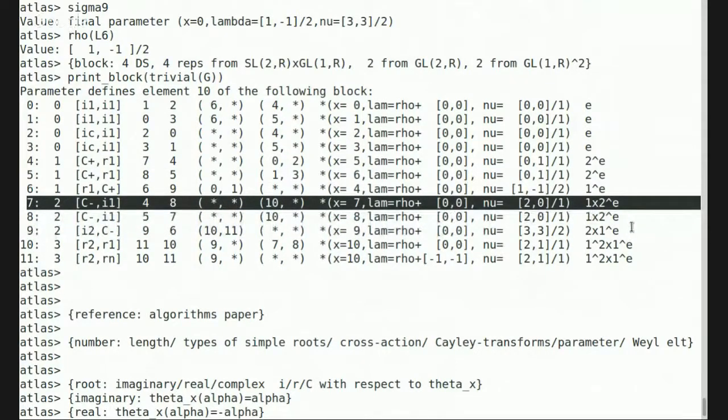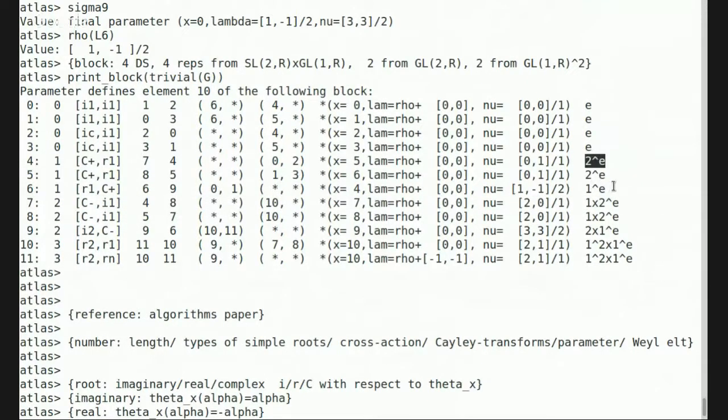In terms of the Weyl group element, that's 1 cross. So we started with this Weyl group element 2 hat, and doing a cross action to the parameter on the level of the Weyl group is conjugation by 1, which is to say there's 1 cross 2.